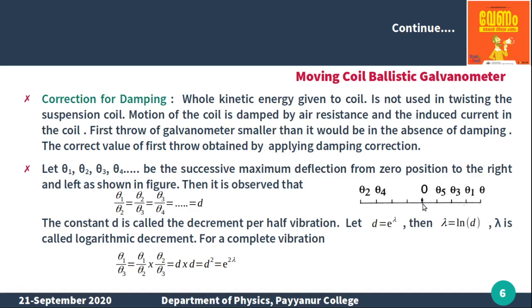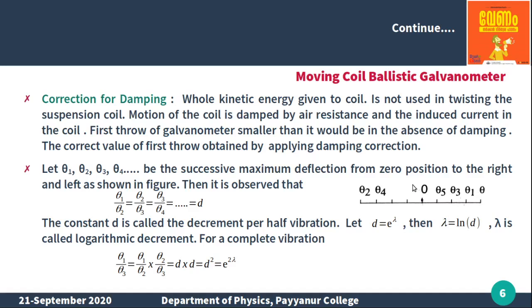That is a full vibration. So when it is doing a quarter vibration, if there is no damping, it will go to theta. But because of damping, instead of that, it is coming to theta 1. That means it is moving only a quarter vibration.